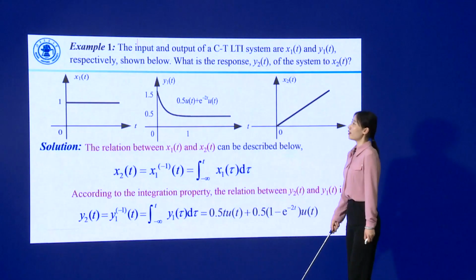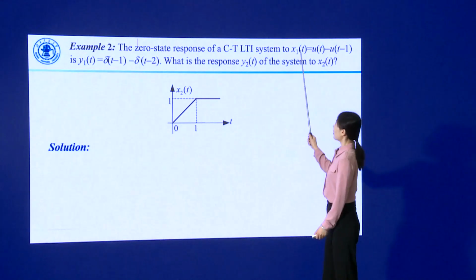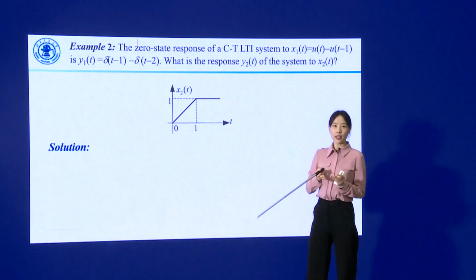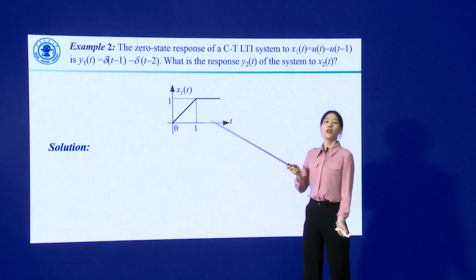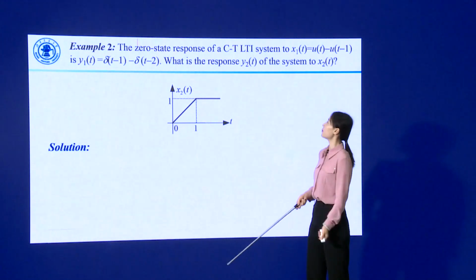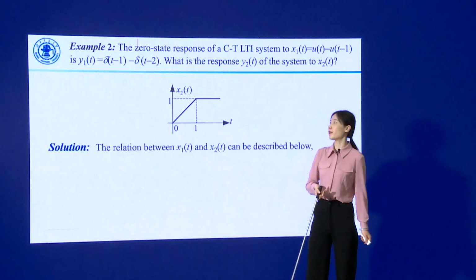Here is another example. Now, given s1(t) and its output, let's determine what is the output for this s2(t). Similarly, we should also first find the relation between s1(t) and s2(t).